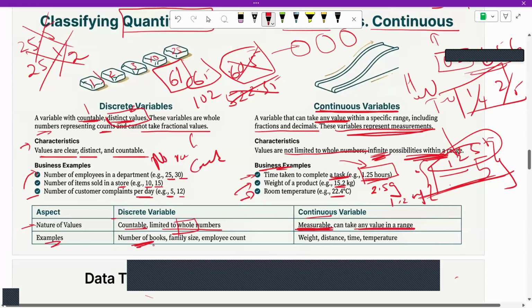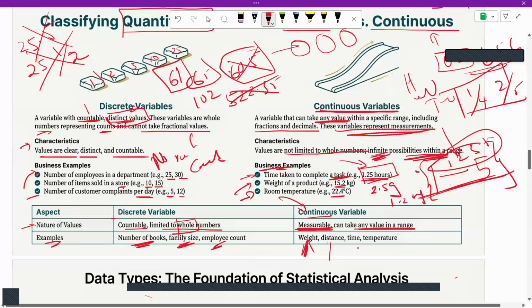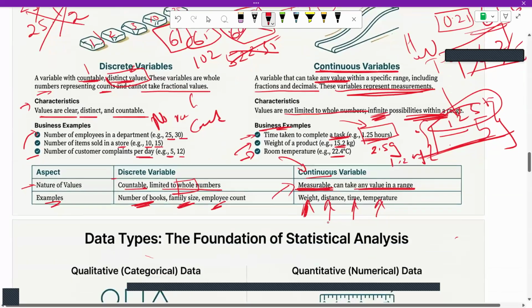Examples of discrete: number of books, family size, how many members in your family, employee count, how many employees in your department. Continuous variable: we have weight. What is your weight? Distances in kilometers or meters or centimeters. Time, temperature. So these are measures, mostly continuous variables.